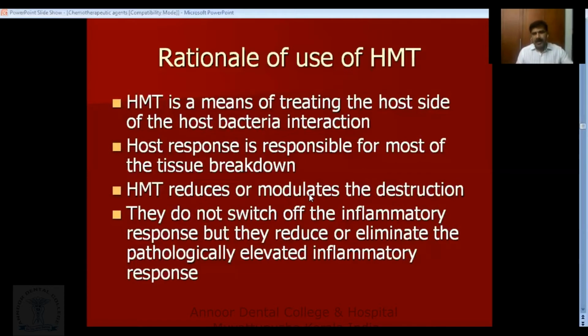These mediators like collagenase, interleukins and prostaglandins will cause resident tissue damage. So we control these mediators that are produced by the host, or even if these mediators are produced, we try to give some pharmacological agents by which we neutralize them. That is the basic concept of host modulation therapy.